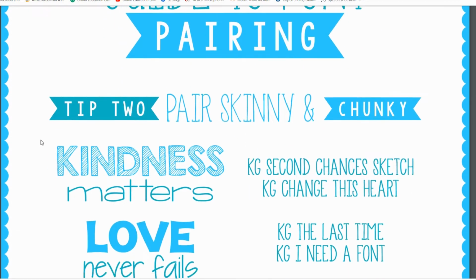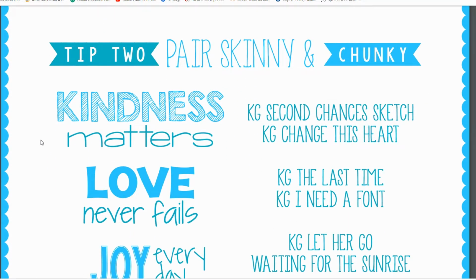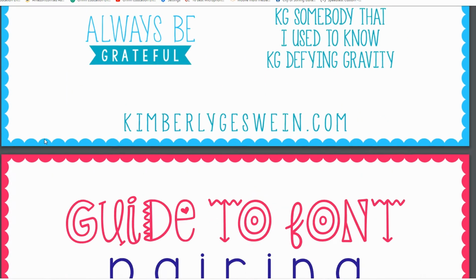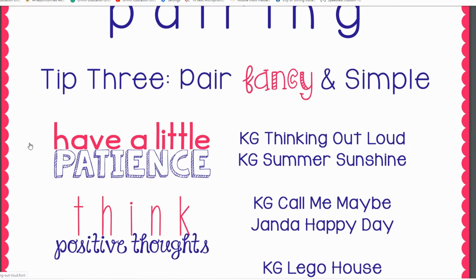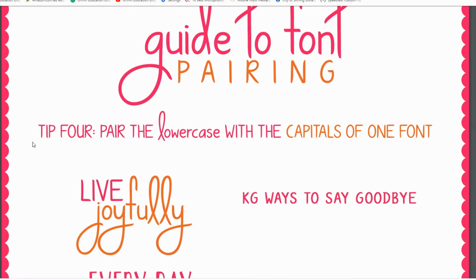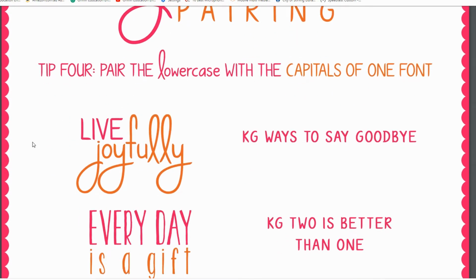Next, her other suggestion is to pair skinny and chunky together. I've used this in my thumbnails before as well. Her third tip is to pair fancy with simple. Then tip 4 is to pair lowercase with the capital of one font.